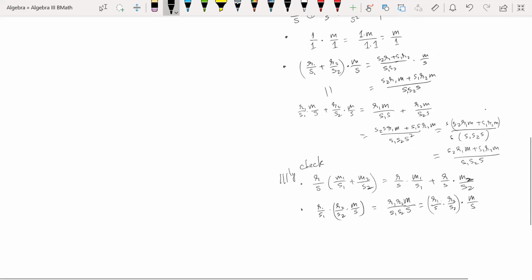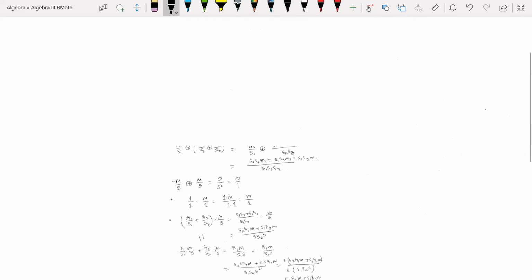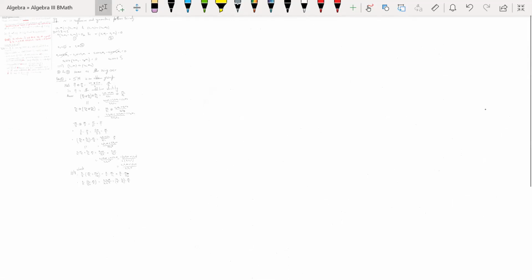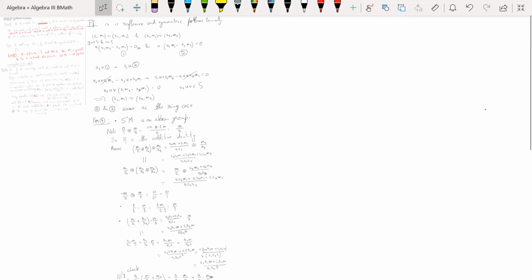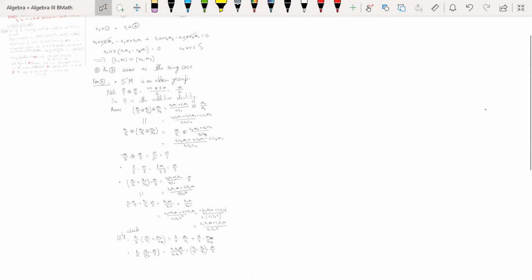This is what makes S inverse M into an S inverse R module.